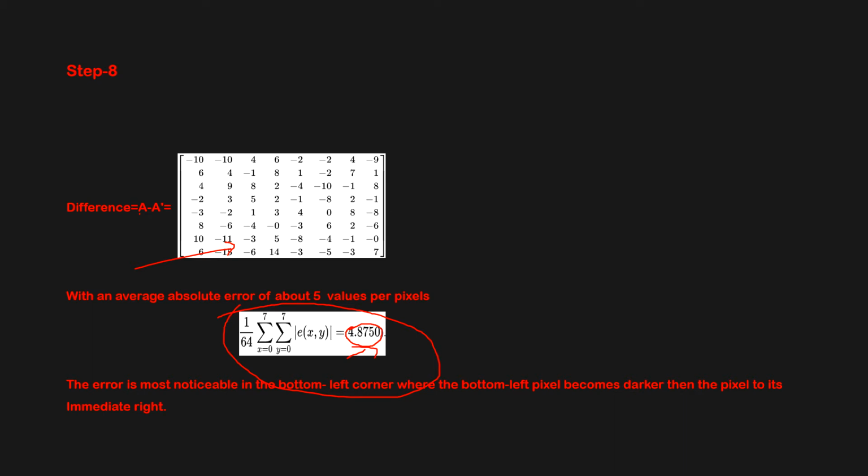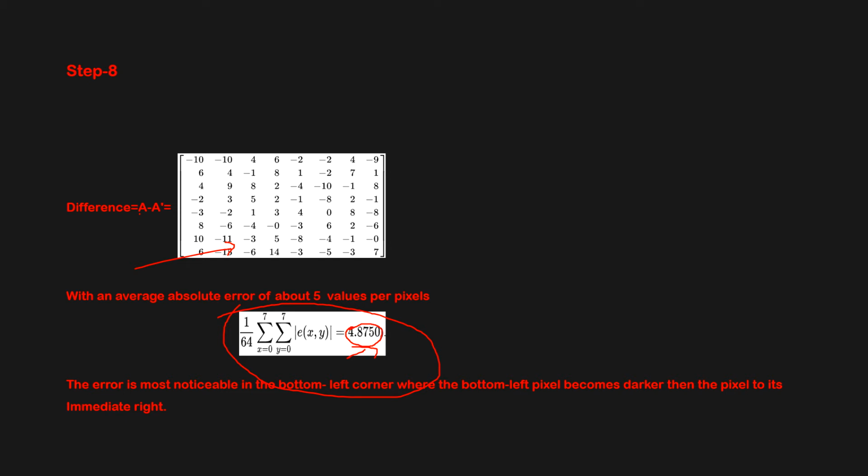So for each block you get some error value, and in this way you can find how much error you are getting for each pixel.